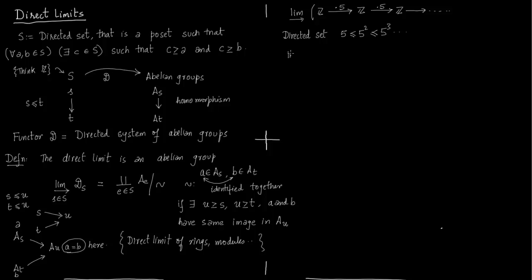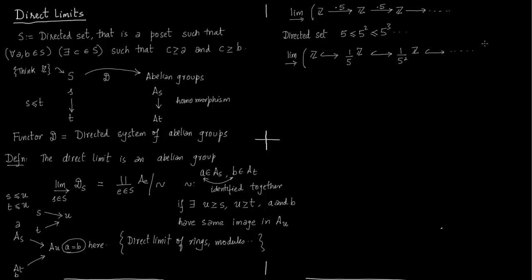Now we want to talk about how the corresponding abelian groups would look like. So you have to take into account this 5 square, 5 cube, and so on. So it actually looks like Z embedded into Z[1/5]. That means all integers with the denominator 5 plus all integers. This is embedded into Z[1/5 square].